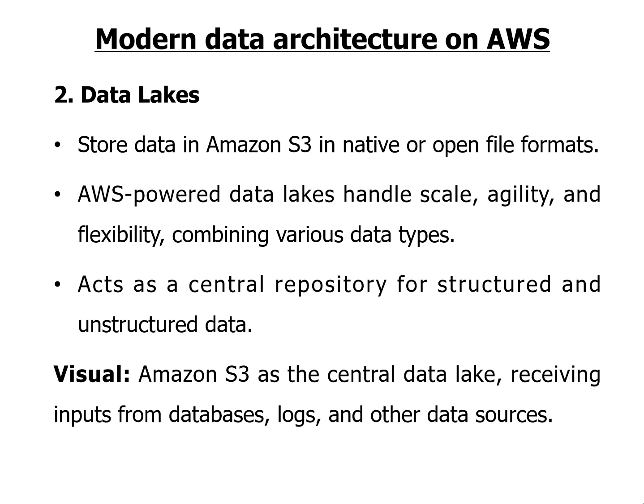The AWS powered data lake handles scalability, agility, and flexibility, and combines various types of data. This is the power of AWS. And also it acts as a central repository for structured as well as unstructured data. Amazon S3 is a central data lake receiving input from the database or log files or other data sources. So this is the second main component of modern data architecture on AWS.